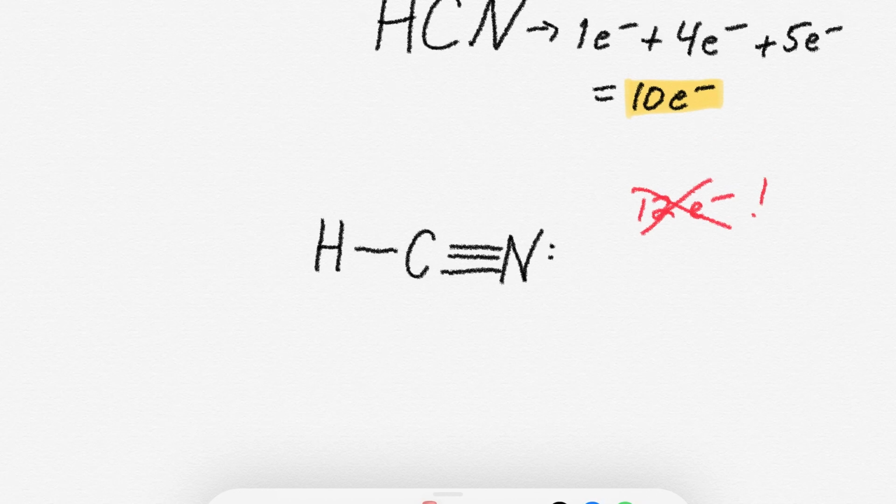Notice that now carbon has 8 valence electrons in its structure, as does nitrogen. Hydrogen still has 2. Let's go count these now. That's 2, 4, 6, 8, and then 10. So this has 10 electrons.